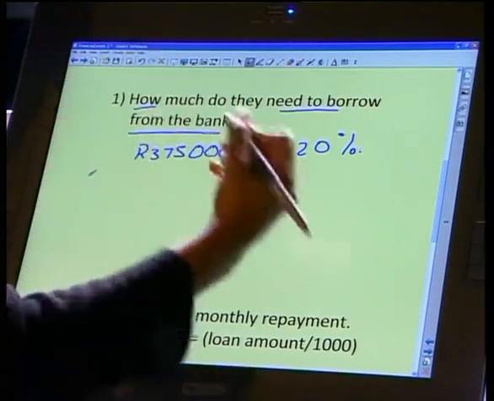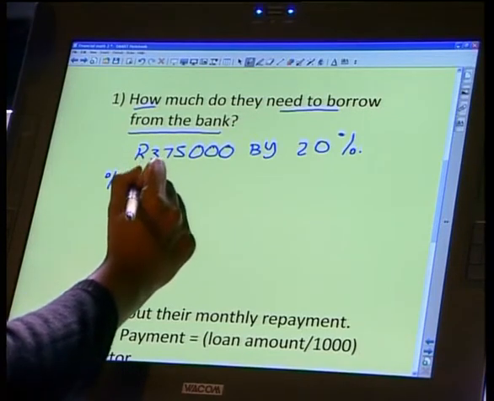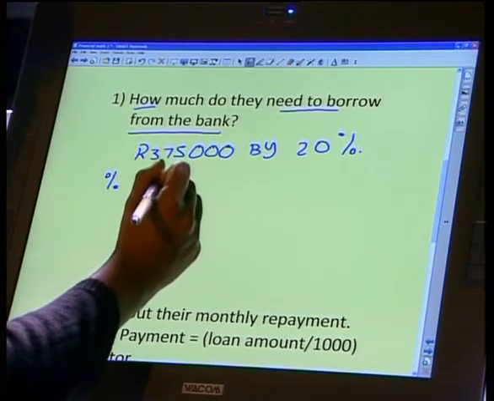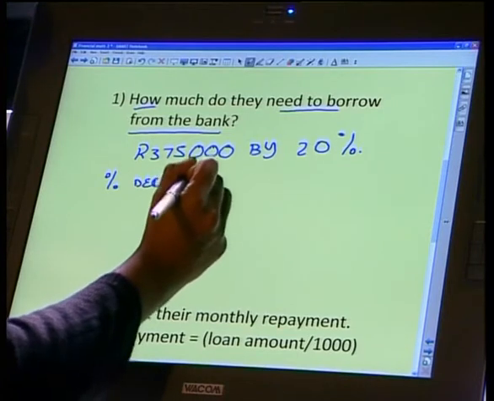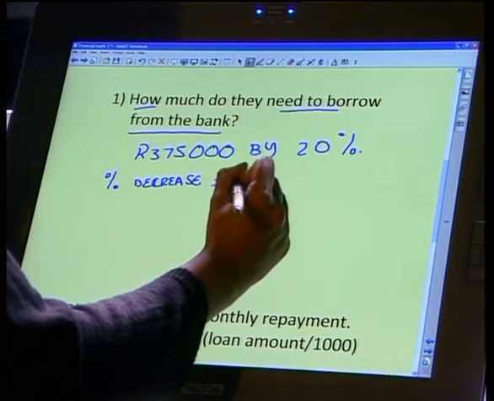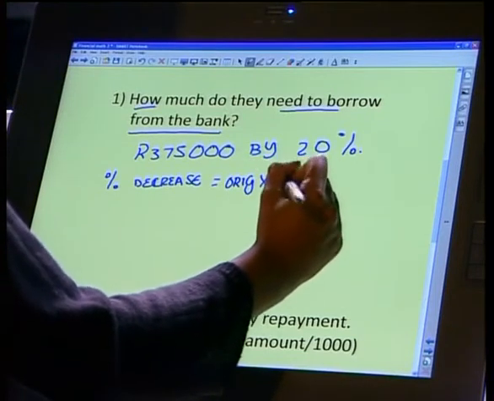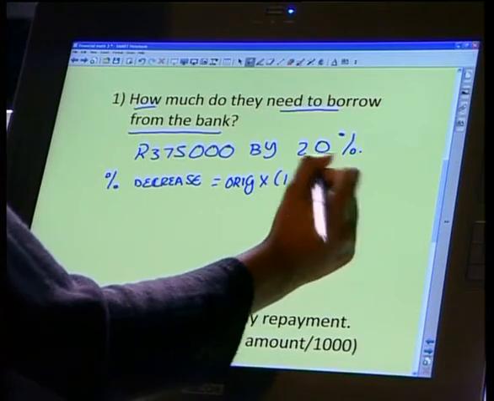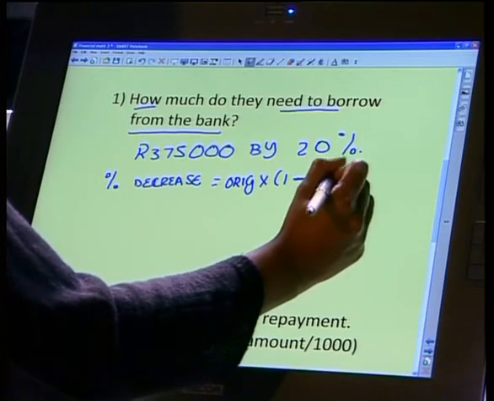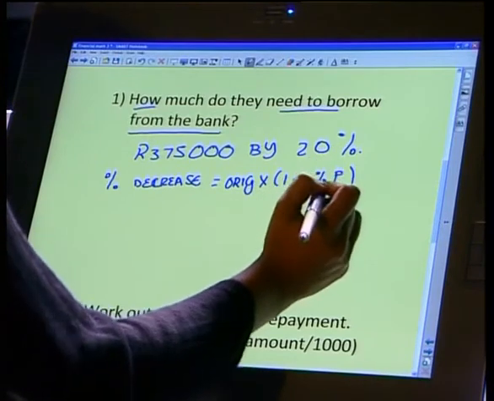Remember, again, percentages coming up in this section. If you would like to work out a percentage decrease, we have to take the original amount and times by 1 minus the percentage decrease. Okay, and this is written in decimal form.